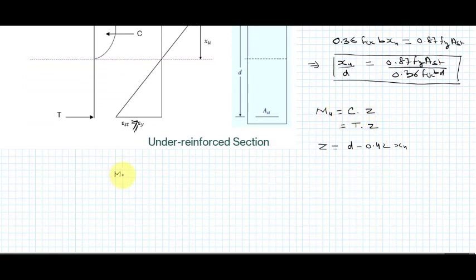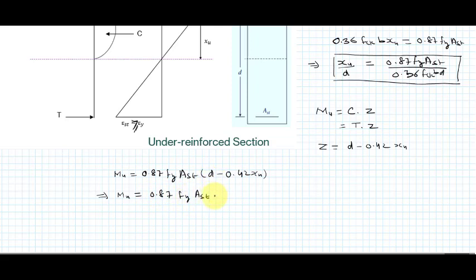Now let us compute the moment of resistance. MU equal to, let me consider the tension force. The tension force is 0.87 Fy AST into D minus 0.42 XU. Or what you can do, MU equal to 0.87 Fy AST.